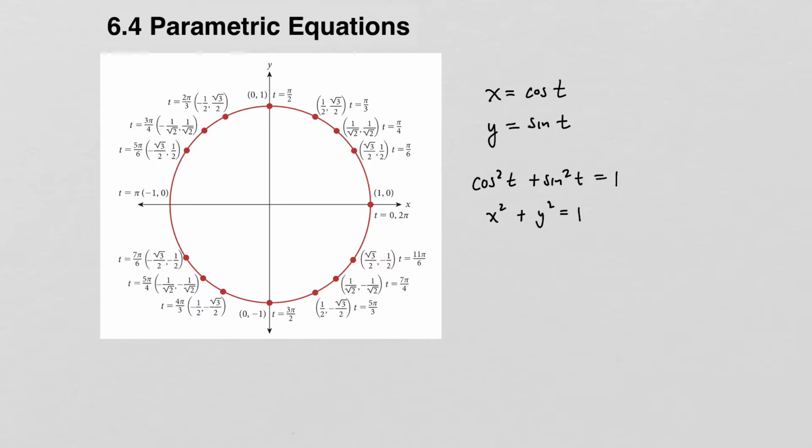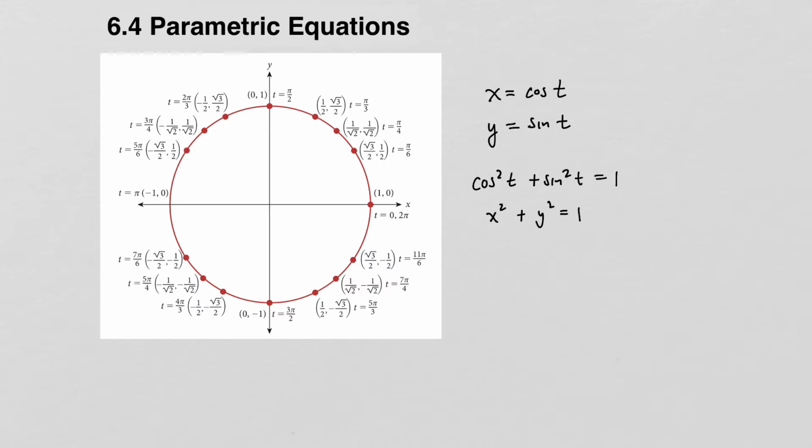And we notice that if we had just started with these two equations, this would have led to the unit circle. Now, I know it might seem like the same thing, but remember, previously we started with the unit circle and then we brought the trig functions into it. But we could have started with these two equations and gotten the unit circle from it.